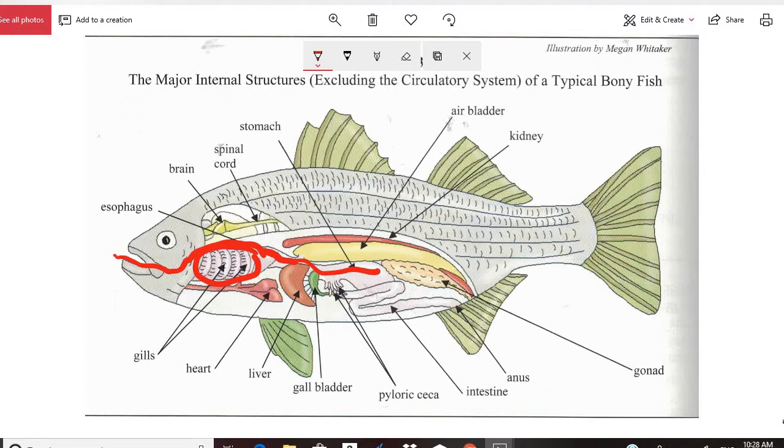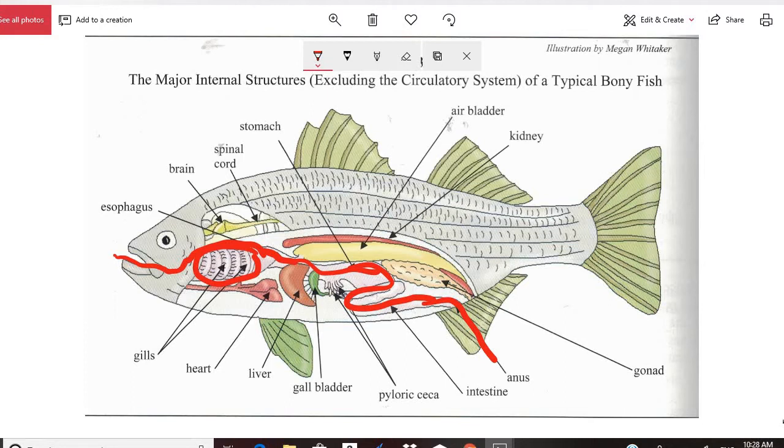And then it would go into the intestine, which we see here, and then it would get eliminated through the anus. Okay, so that's the complete digestive system. It goes esophagus, stomach, intestine, and then out the anus.